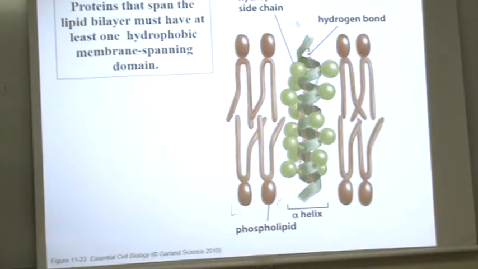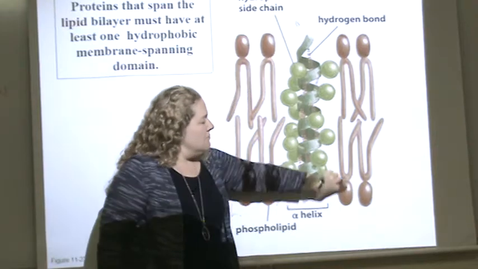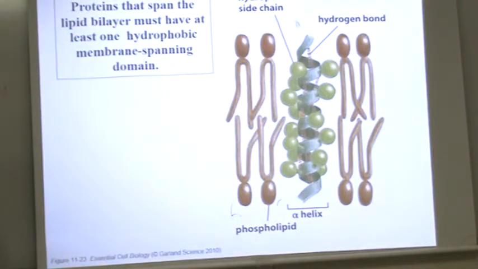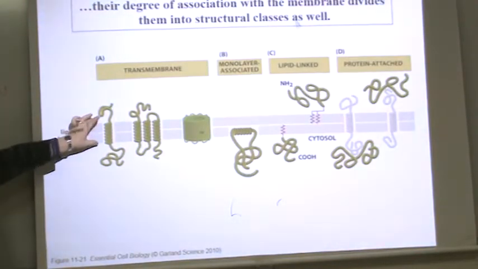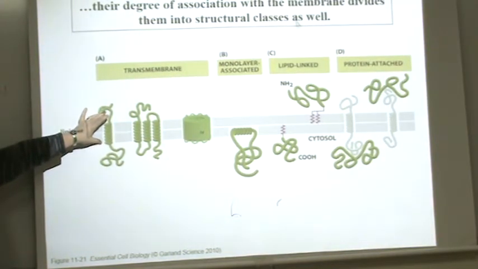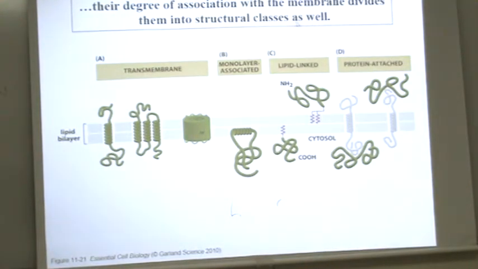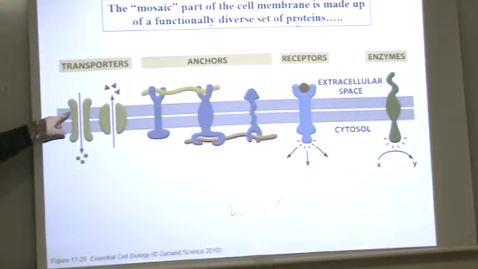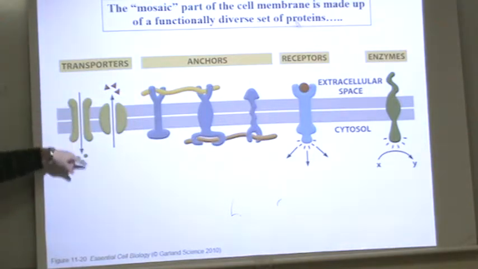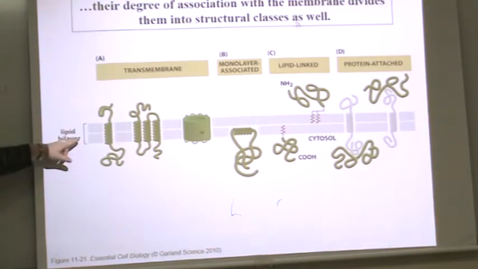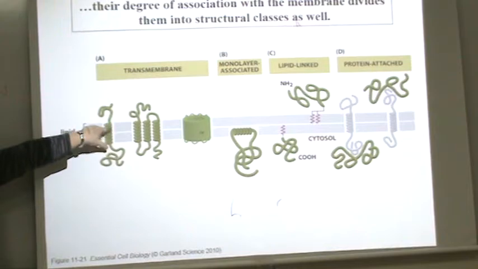So this is a protein threading through the membrane as a way of holding itself in there. It's a transmembrane domain that holds the protein in the membrane. If the protein is supposed to have the function of letting something cross sides, this is not enough space to do that.